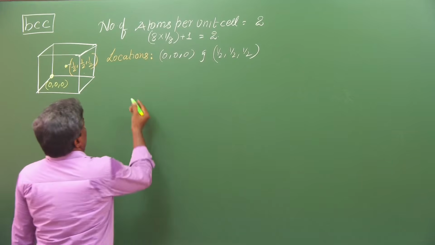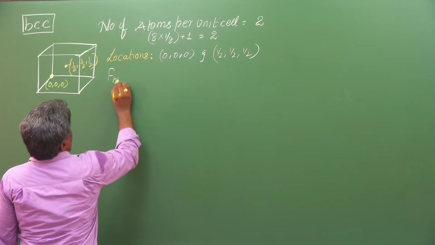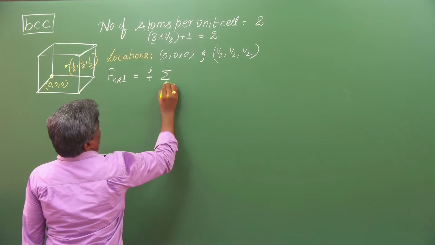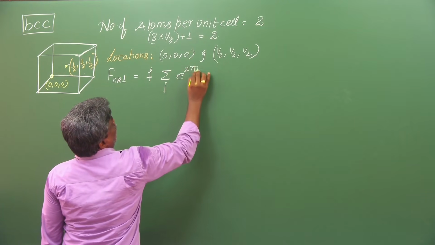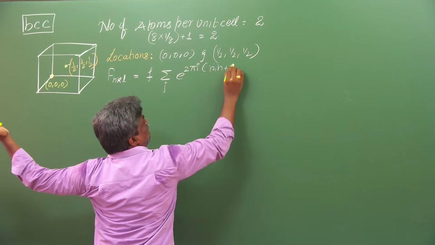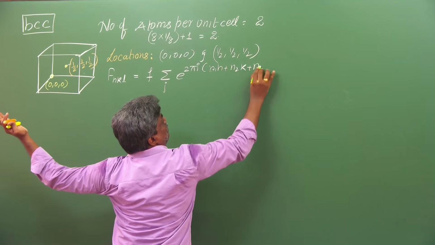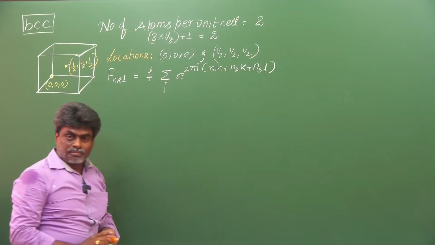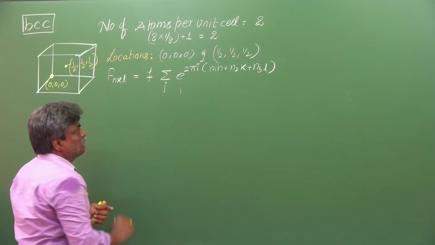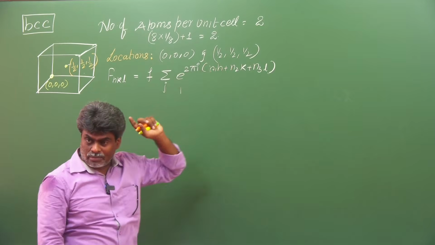That's it. Now we have already defined F_HKL equal to small f summation over j e raised to 2 pi i (n1 h plus n2 k plus n3 l). Now I have to expand this summation because here I have 2 atoms.